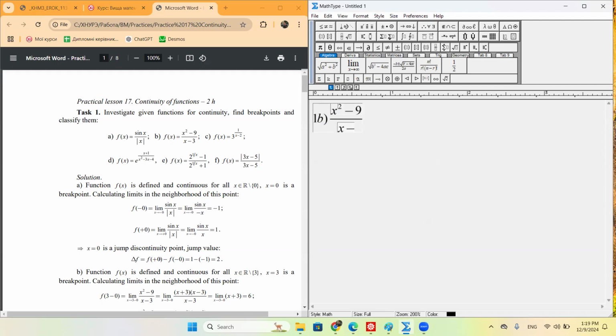The following function is continuous on its domain, but we have a discontinuity point. What is the point of discontinuity? Yes, 3 is the discontinuity point.